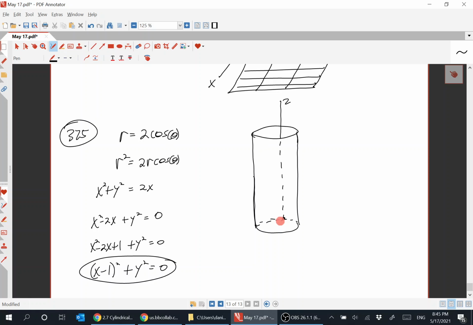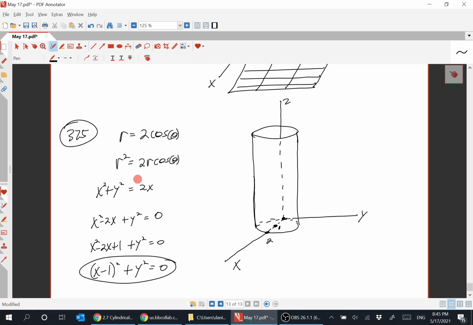And here is the x-axis. This is 2, and this is 1. And then the y-axis is here. So it's x, y, z. So that's the point 1, 0, 0, because that's the circle centered at 1, 0 in the xy plane. So then that just gets extended along the z-axis there.